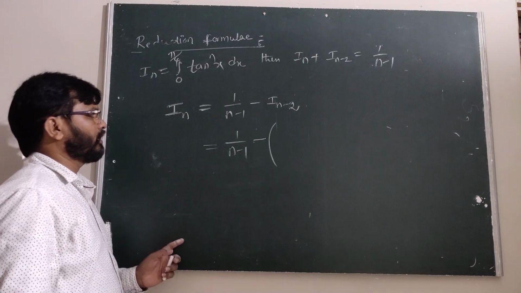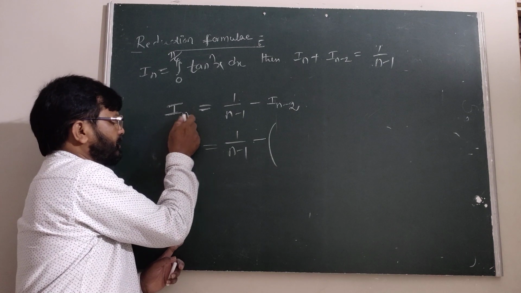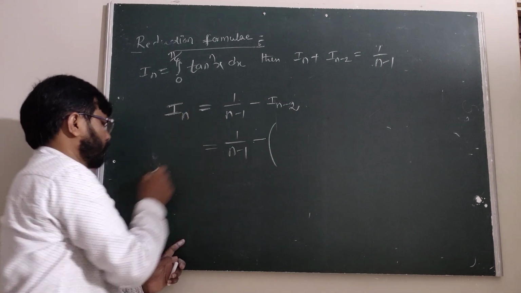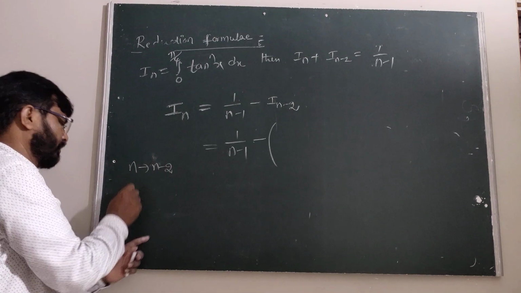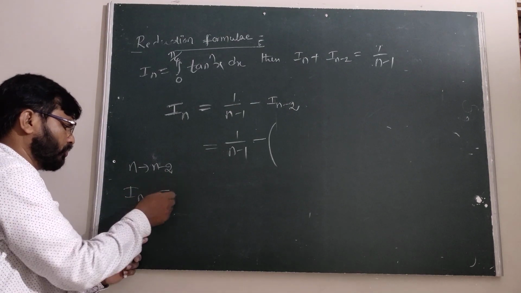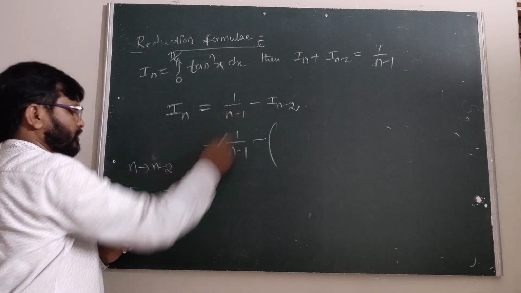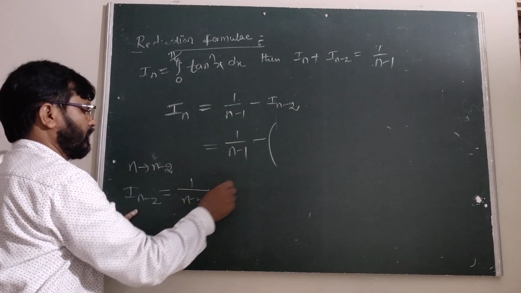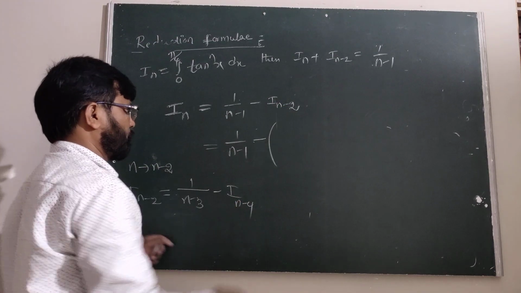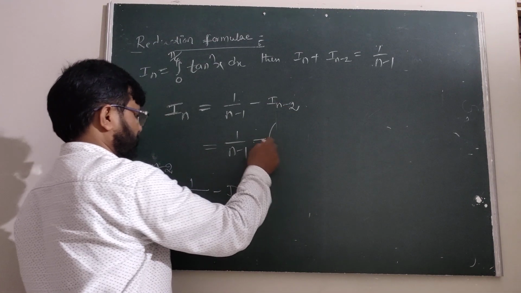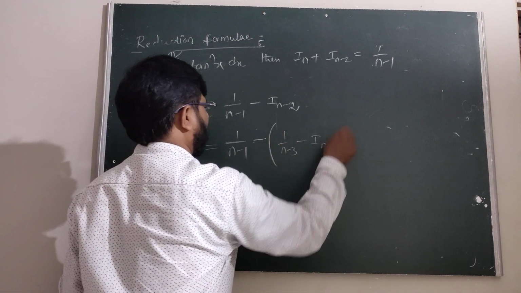Now here we are substituting, replacing n by n minus 2. Then we get I_(n-2) equal to 1 by n minus 2 minus 1, which is n minus 3, minus I_(n-4). Now this is minus of 1 by n minus 3 minus I_(n-4).